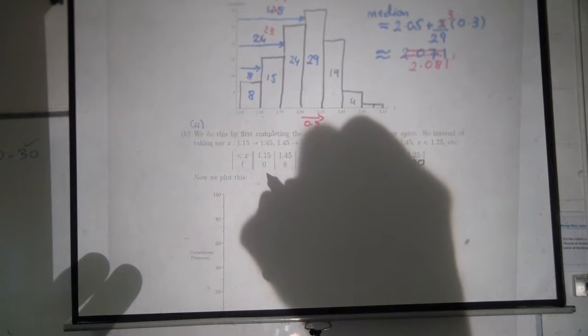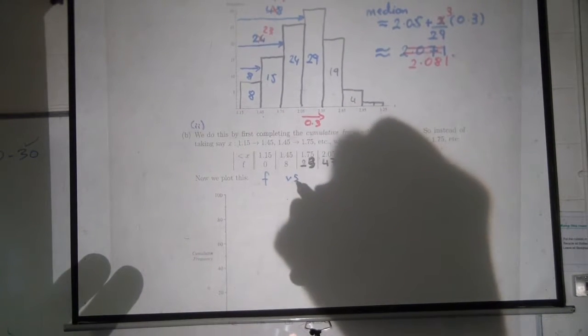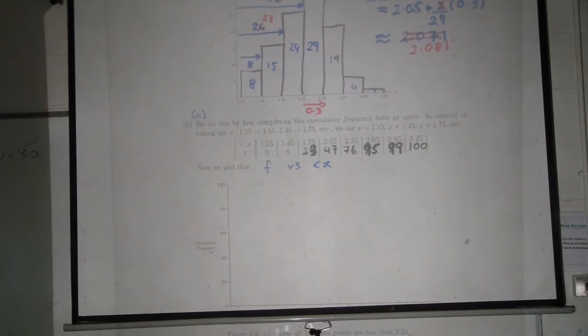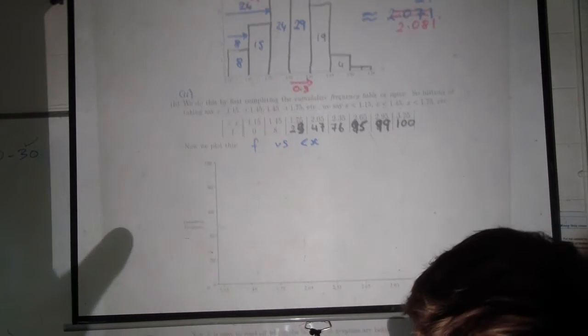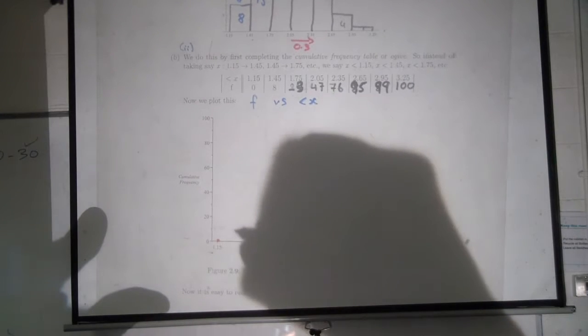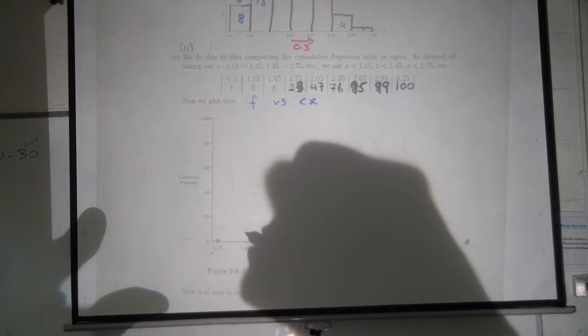So now you plot this, so you plot f versus less than x. So how many less than 1.15? 0. How many less than 1.45? 8. Obviously your graph paper, this is better.